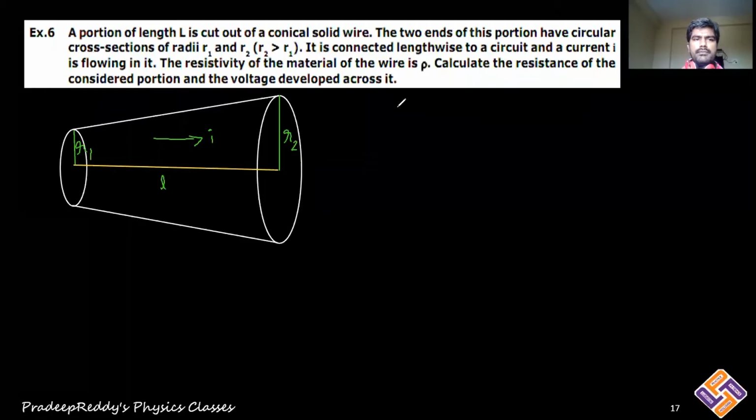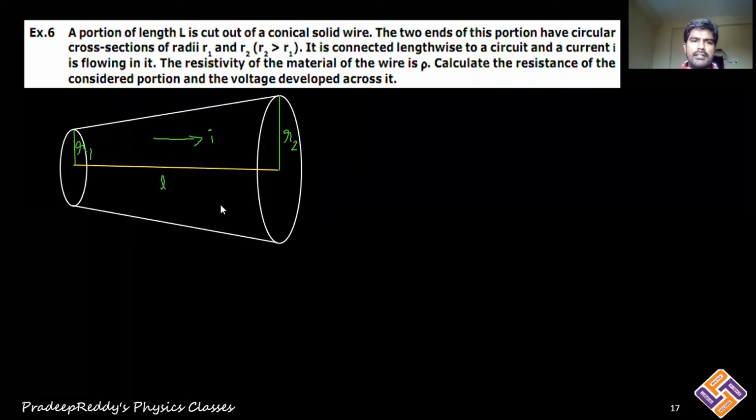Check it in this problem. A portion of length L from a conductor is being cut from a solid wire. So you have a very big solid wire, and from that solid wire I am cutting a portion, and the length of that portion is L. The two ends of this portion have circular cross-sectional area of radius R1 and radius R2.